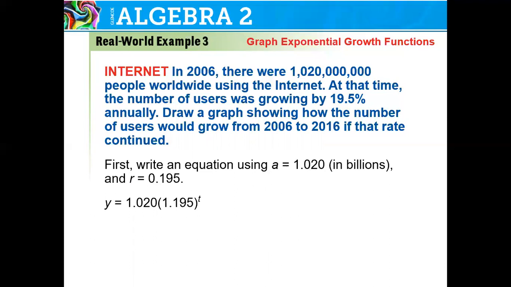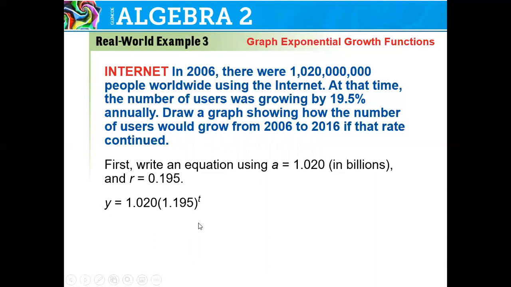We usually model this by y equals A times (1 plus R) to the power of t. Since R is 0.195, adding it to 1 gives 1.195.